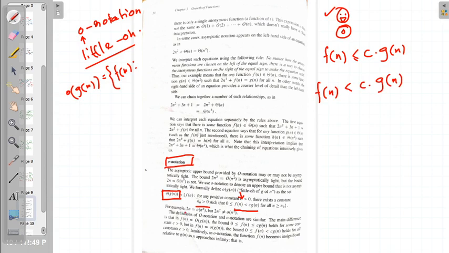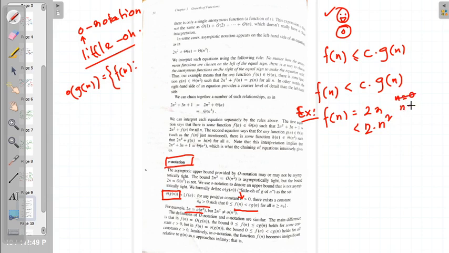So here one example is given: say f(n) equals 2n. And I am telling that it is strictly less than, maybe, c times, say 2 times n square. For definitely some n0 greater than 0, it will be satisfied.